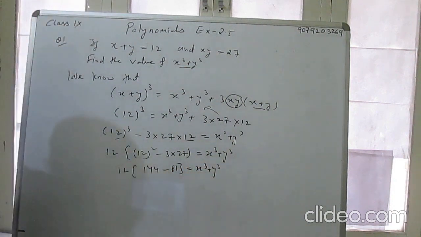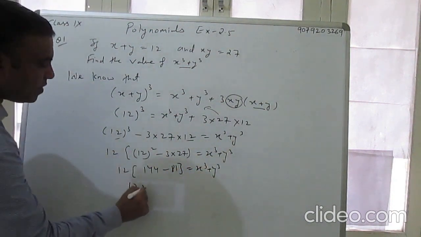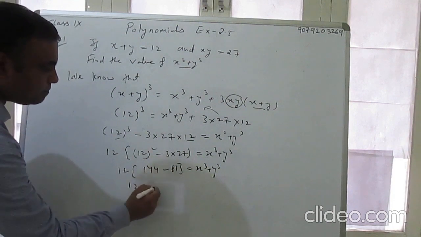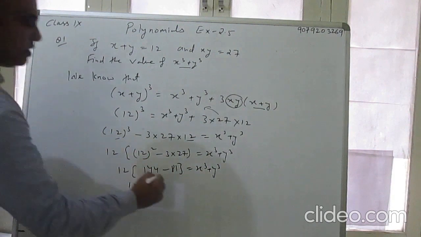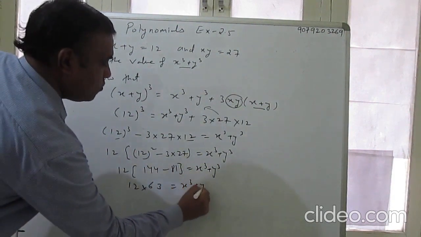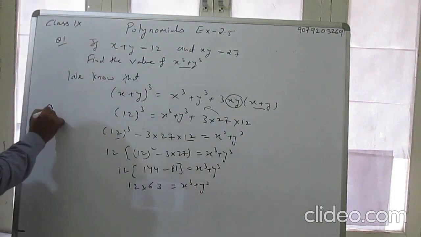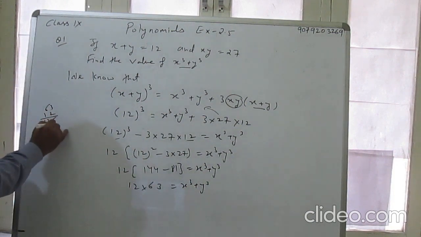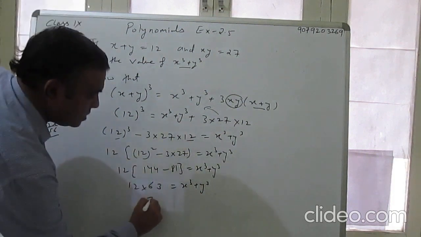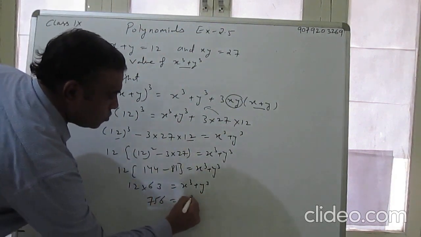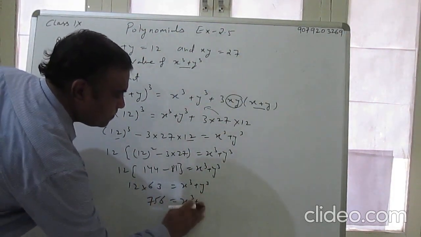Now subtract it, you will get 63 is x cube plus y cube. Now you have to multiply 63 into 12, which is 756. So 756 is equal to x cube plus y cube.